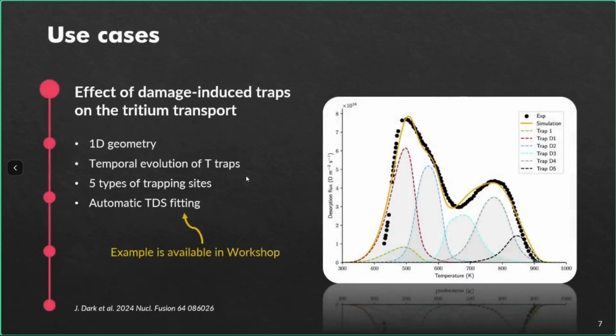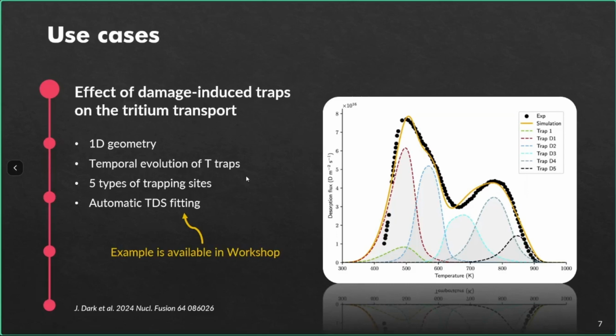And to show the capabilities of FESTIM, I'll present some published use cases. I believe one of the most common is reproduction of laboratory experiments, where the model usually includes both phases of sample preparation, starting from the exposure phase and ending with, for example, thermal desorption spectroscopy analysis.